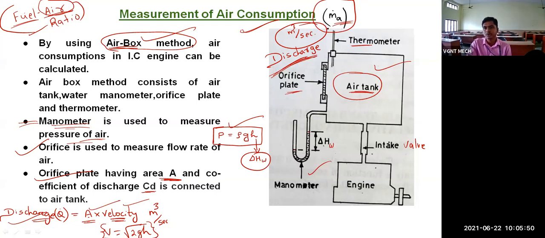Whatever we have discussed today, regarding the dynamometer and the construction of the air box method, I will put in the group after the class. Once you go through it, if you have any doubt, feel free to ask me. And tomorrow we are going to start the derivation of mass flow rate by using the air box method.